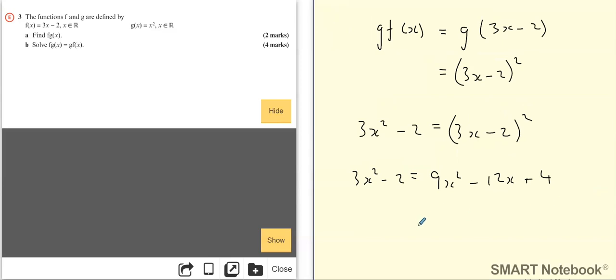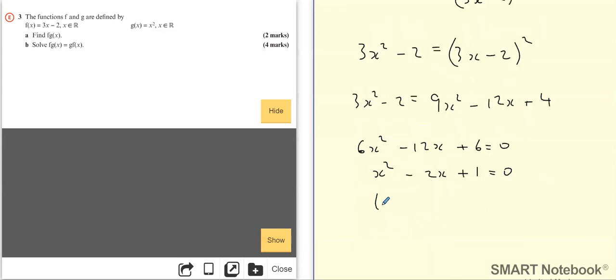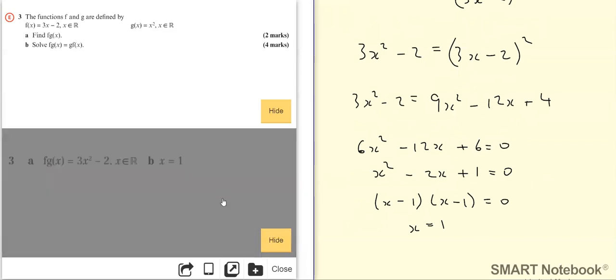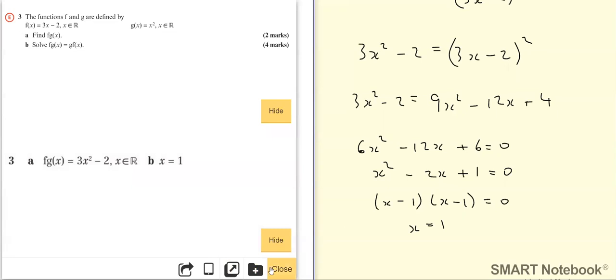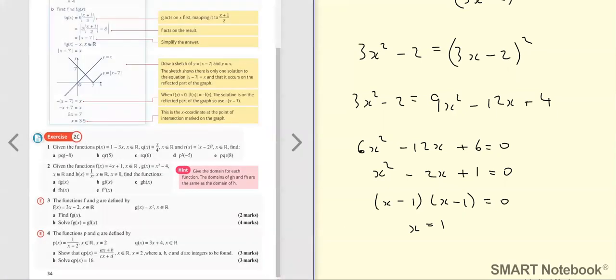If I bring everything over to one side, I get 6x squared minus 12x plus 6 equals 0. We divide through by 6 on both sides, we get x squared minus 2x plus 1 equals 0. x minus 1, x minus 1 equals 0. So x equals 1. Okay, so there we have x equals 1. Are we happy with that? Any questions?